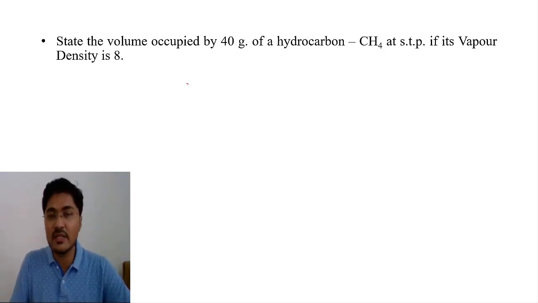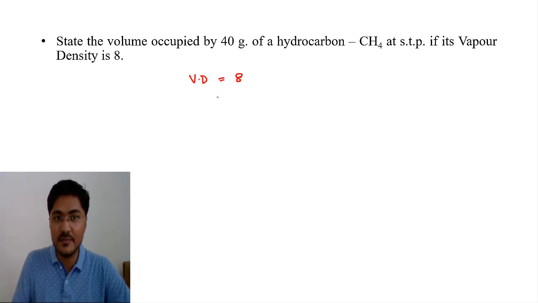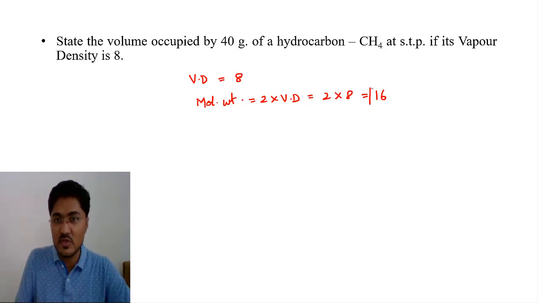State the volume occupied by 40 grams of hydrocarbon, that is CH4, at s.t.p, if its vapor density is 8, and hence the molecular weight will be twice the vapor density, that is 2 into 8, that is 16. So we have got the molecular weight.